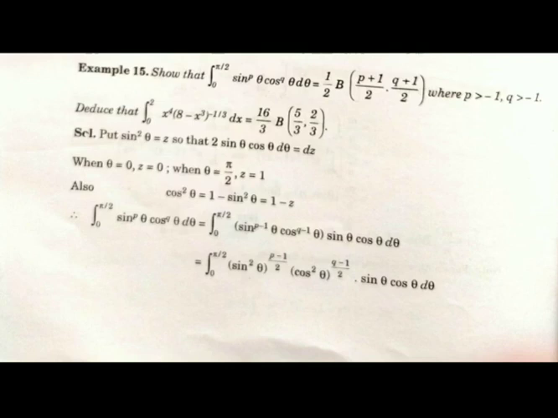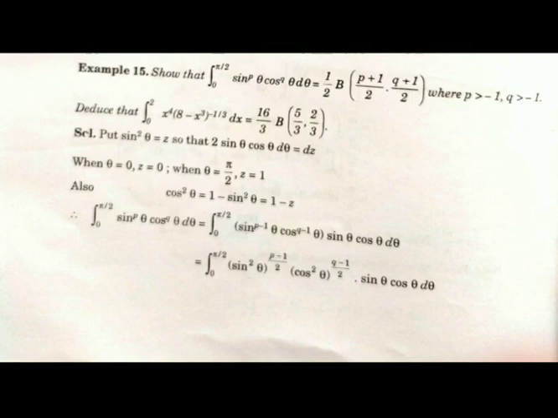Okay, if you change the variable, the limit is also changed. You know that from previous examples. If the given limit is 0 to pi by 2, taking theta equal to 0, we get z as 0 because sin 0 is 0. Then theta is pi by 2, sin pi by 2 is 1, 1 square is 1, then the z value is 1.